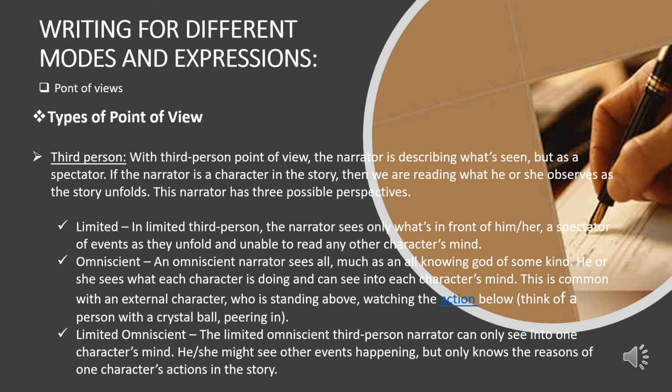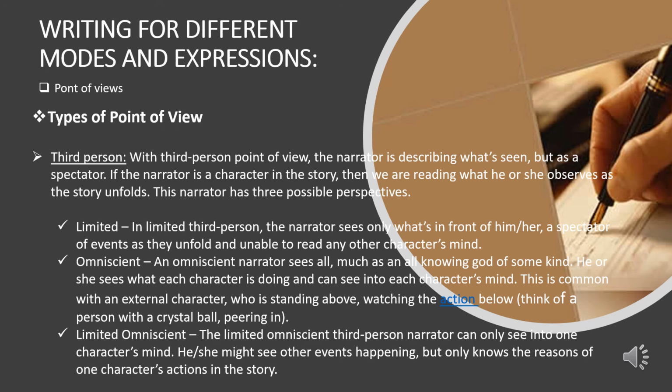Omniscient. An omniscient narrator sees all, much as an all-knowing God of some kind. He or she sees what each character is doing and can see into each character's mind. This is common with an external character who is standing above watching the action below.